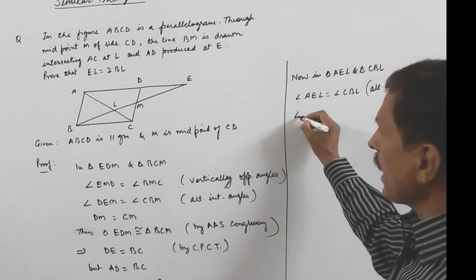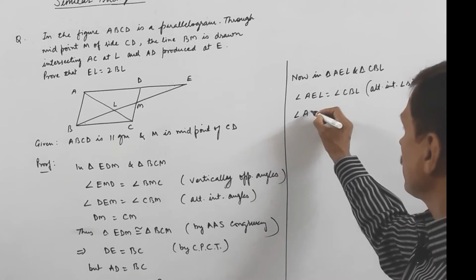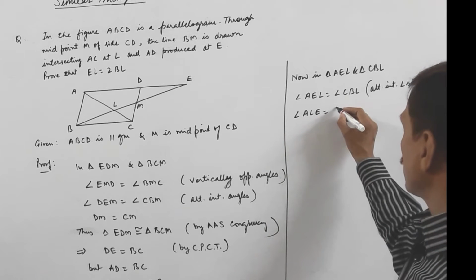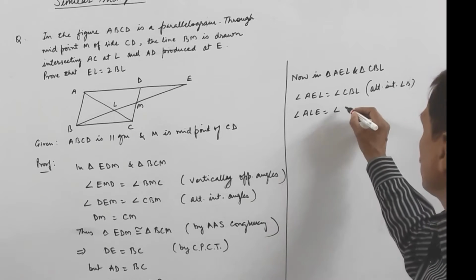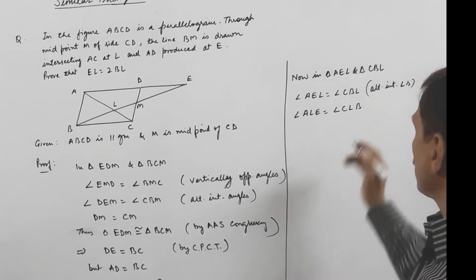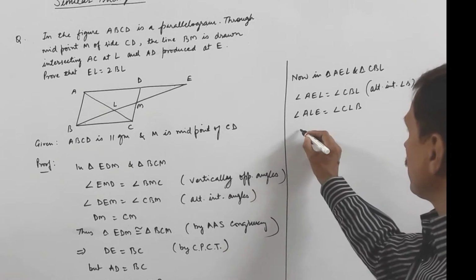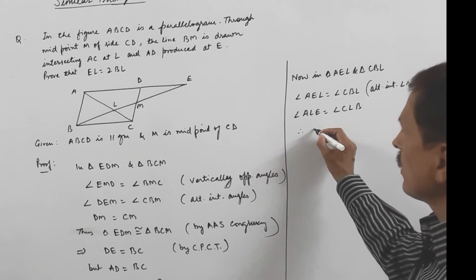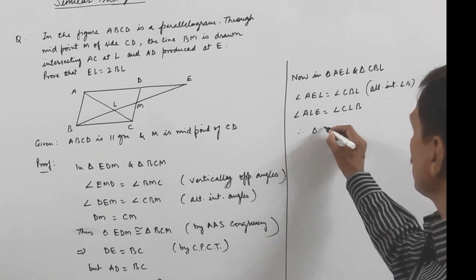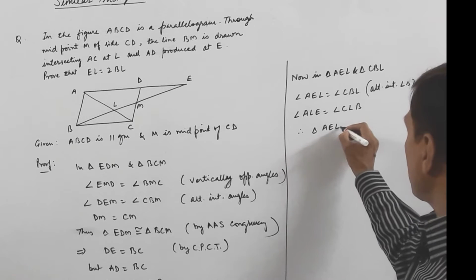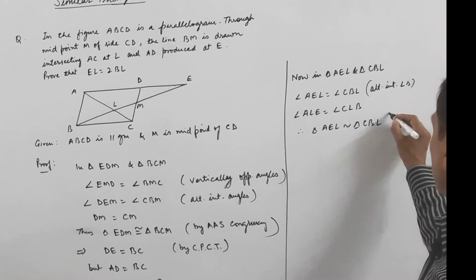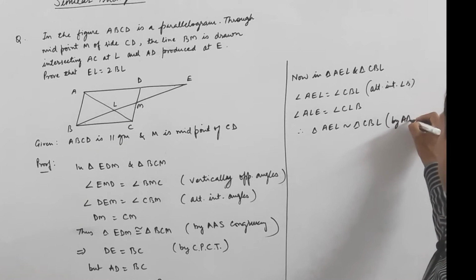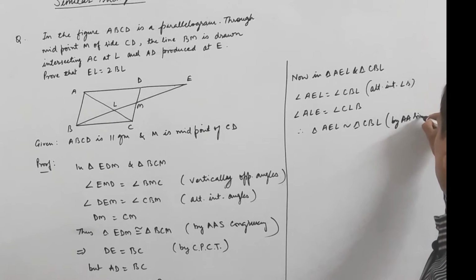And angle ALE is equal to angle CLB. Therefore, triangle AEL is similar to triangle CBL by double A similarity.